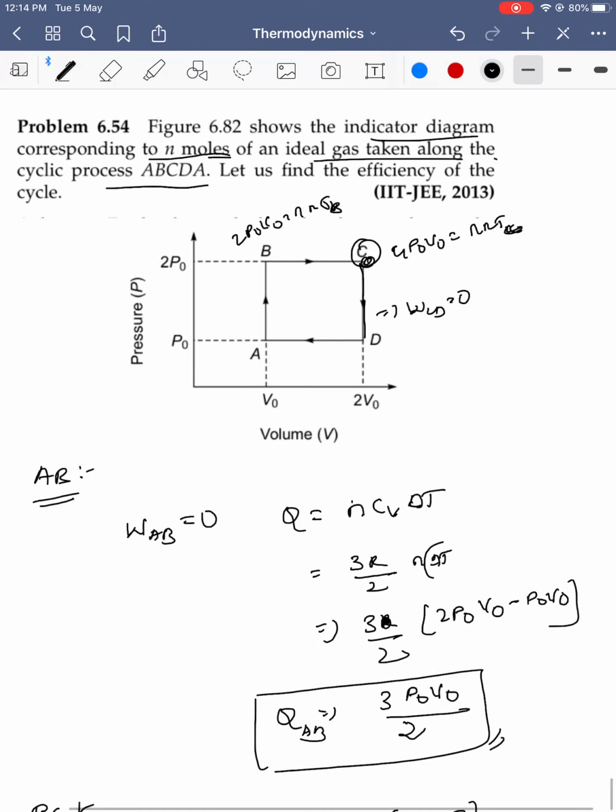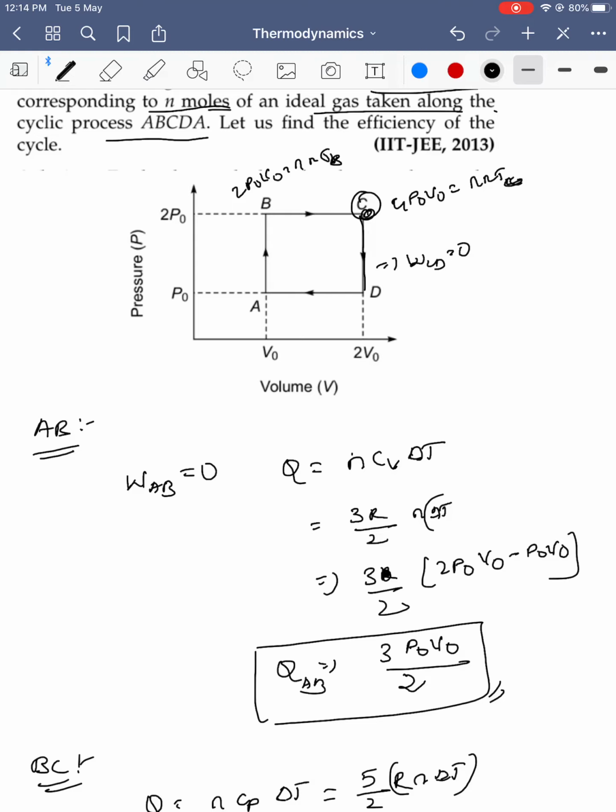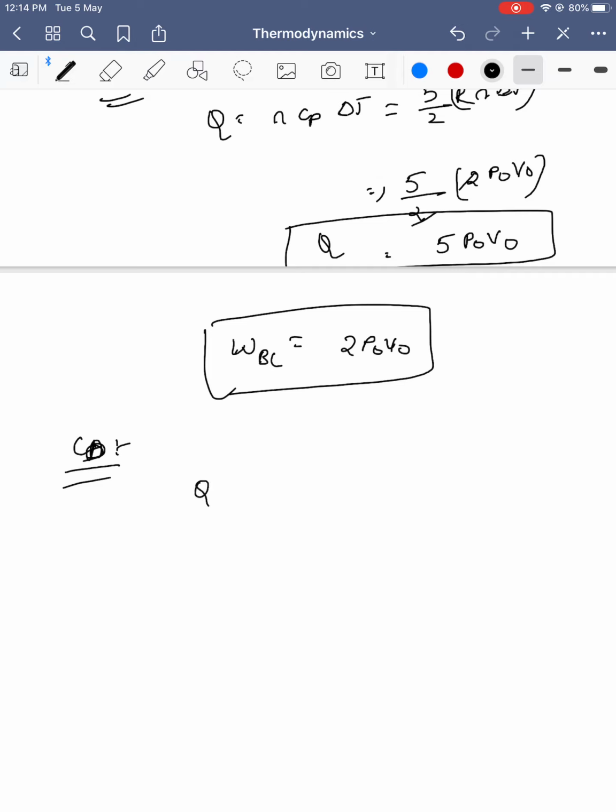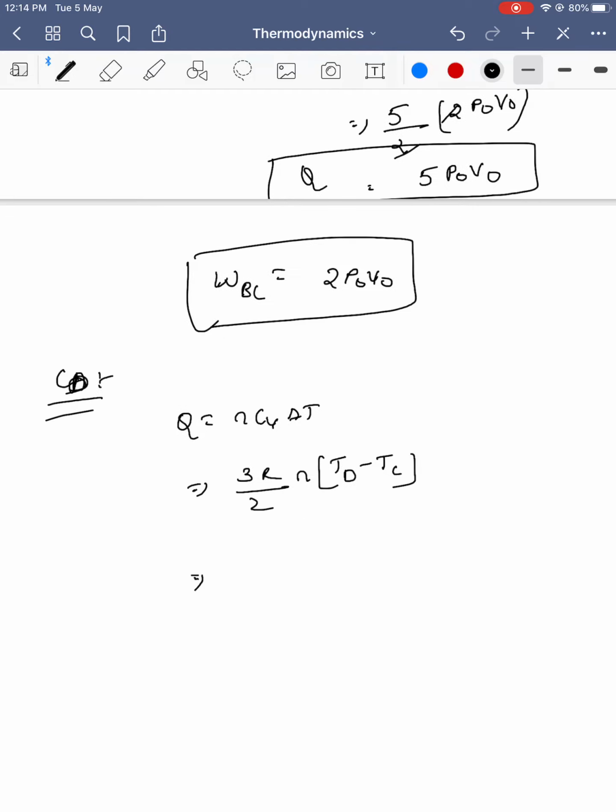Isochoric process, so Q is equal to nCV into delta T. So nCV is equal to 3R by 2 n into temperature TD minus TC. nR TD is nothing but PD VD, nR TC is nothing but PC VC.